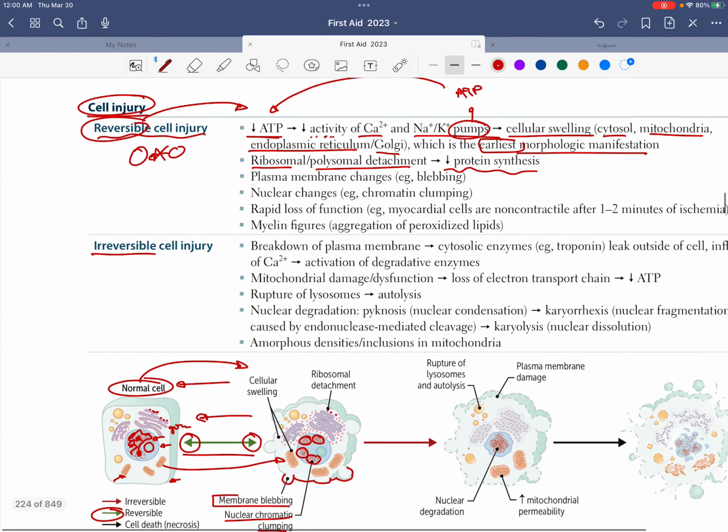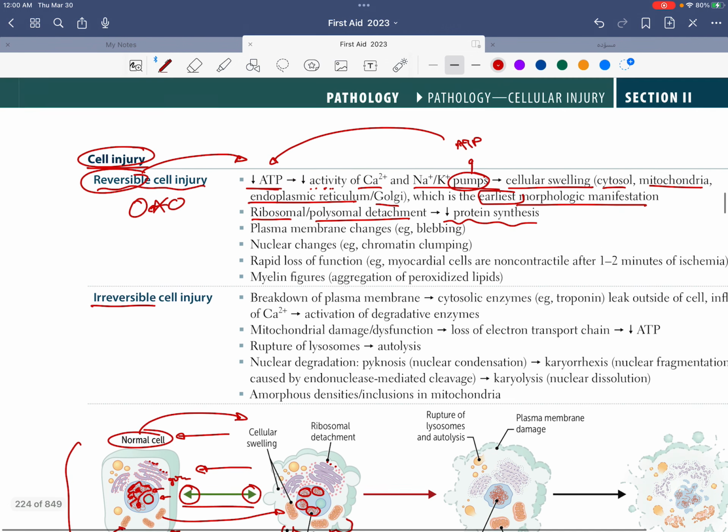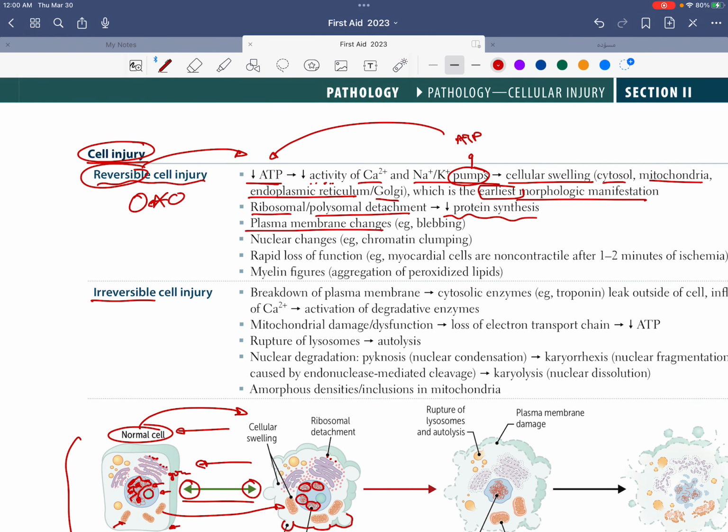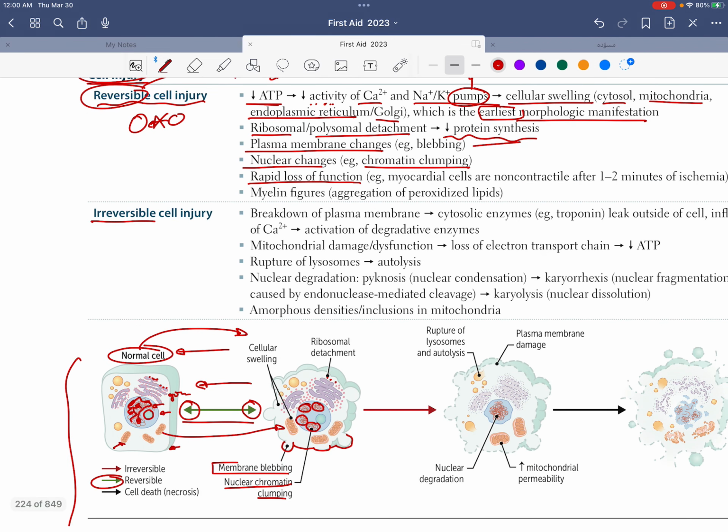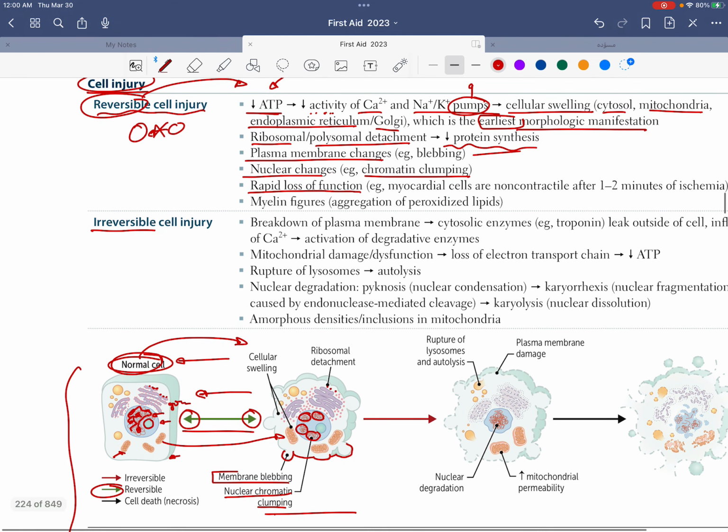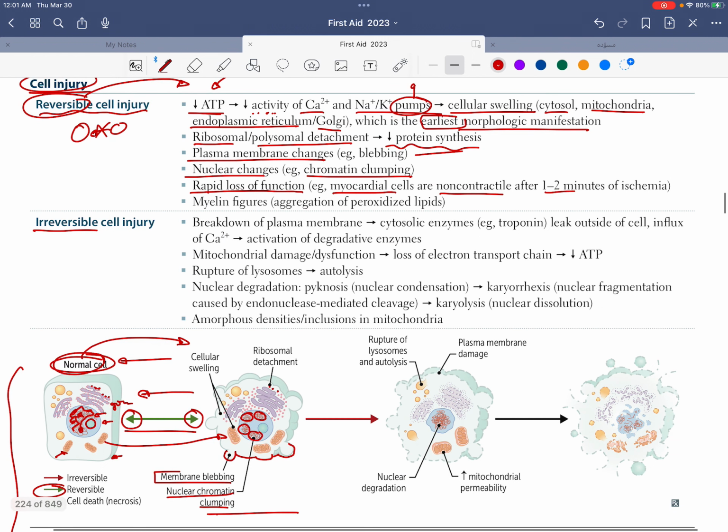In addition to all the things that we said of the image, it says over here that there's plasma membrane changes, like we said, blebbing, nuclear changes like chromatin clumping. There's rapid loss of function as well. Of course, as long as the cell is not normal, it's getting this weird swelling, then it does not function as it's supposed to. An example of the loss of function is myocardial cells being non-contractile after 1 to 2 minutes of ischemia.